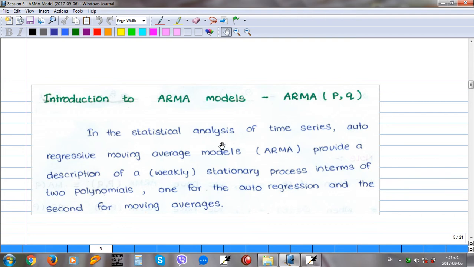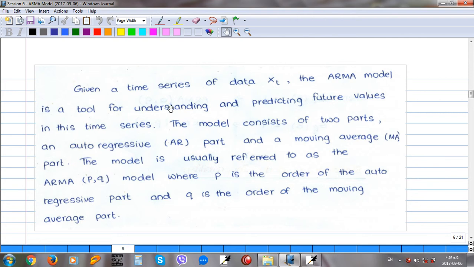In the statistical analysis of time series, the autoregressive moving average model, ARMA, provides a description of a weakly stationary process in terms of two polynomials, one for the autoregression and the second for the moving average. Given a time series of data xt, the ARMA model is a tool for understanding and predicting future values in this time series.